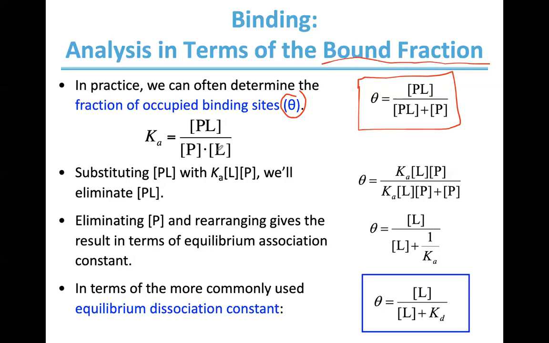Then we solve this for PL, the protein-ligand complex concentration, and substitute it with KA times P times L, and eliminate PL. As we do that and rearrange, we get this expression.